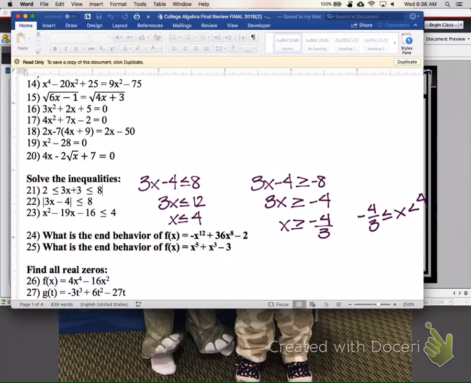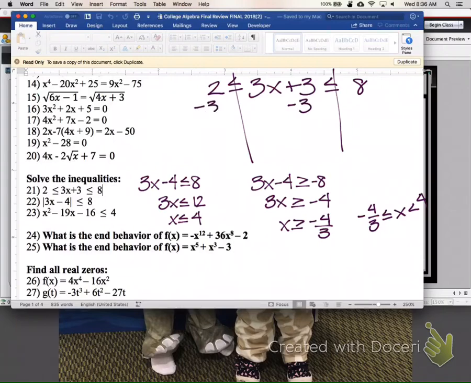21. Yep. When it's in between like that, that just means when you solve those, I'll write it up here for you. You just have to do everything to all three sides, really. It's like there's three sides of the equation. So your goal is to get x by itself in the middle.